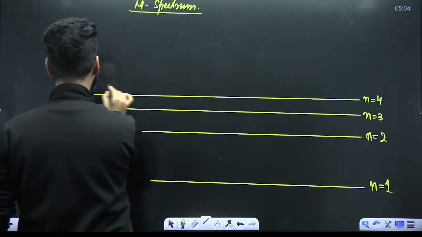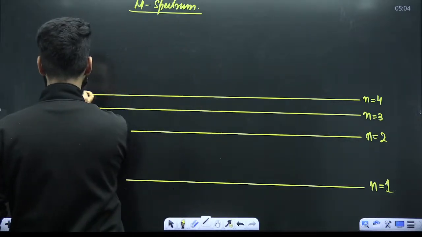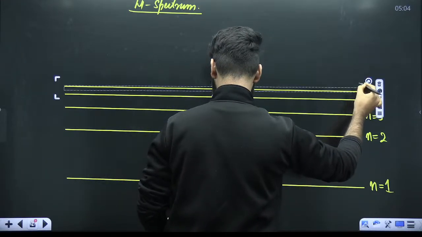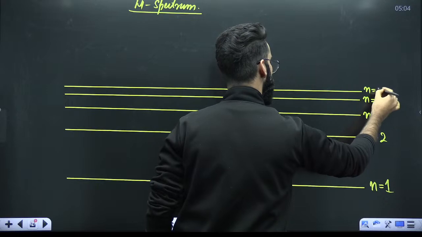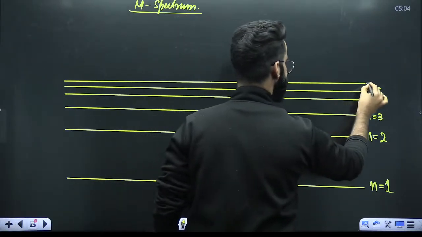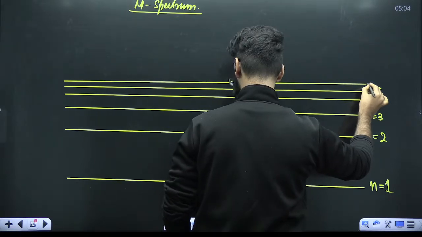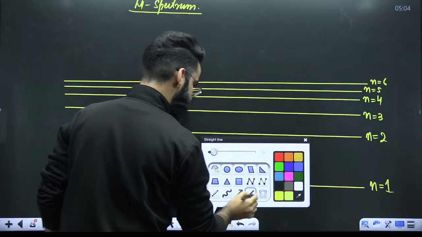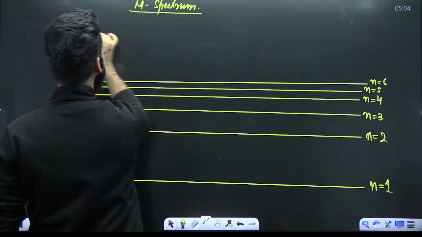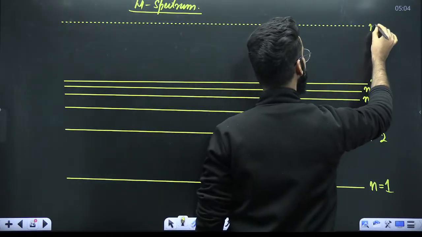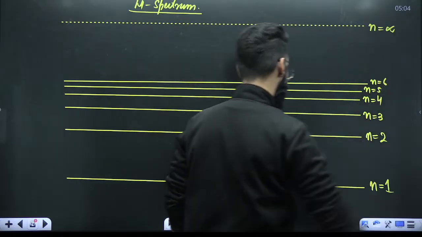Similarly, n equal to 5, and n equal to 6 for hydrogen. And as you must know, somewhere here will be n equal to infinity.